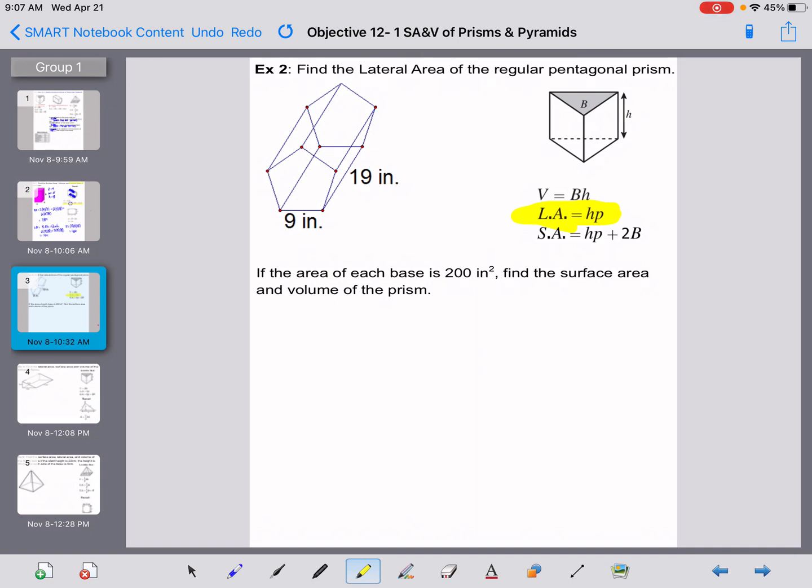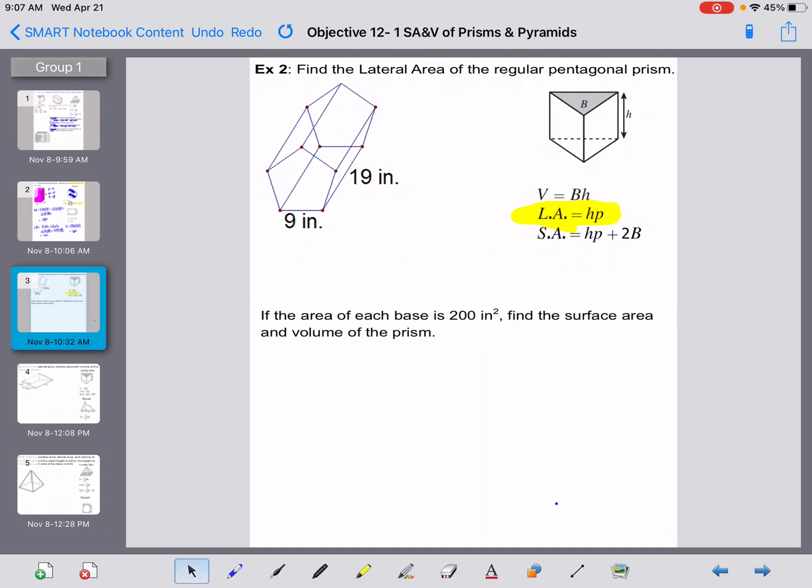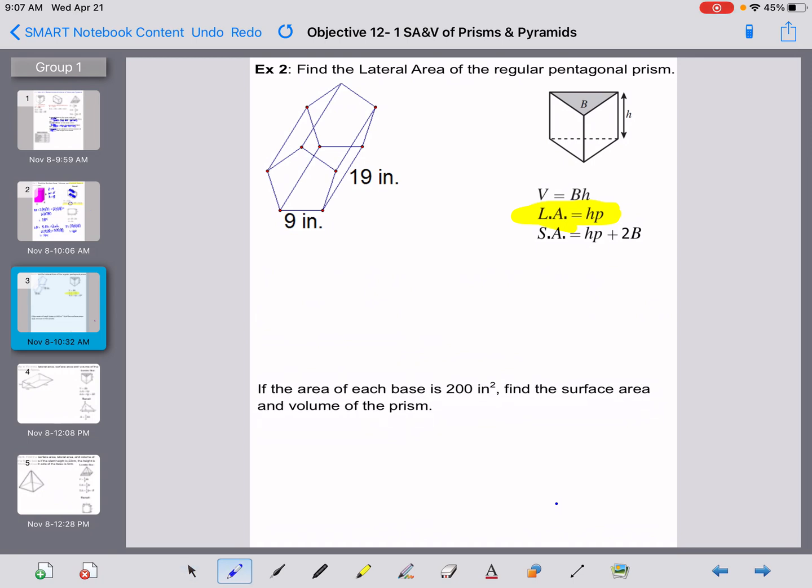All right, so lateral area, I need the height times the perimeter. So I'm going to move this down just a little bit. So lateral area equals height times the perimeter. Ooh, how do I find the perimeter? Well, the perimeter is all the edges. So let's look at what we got here.